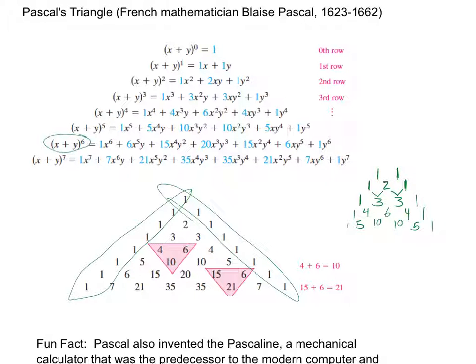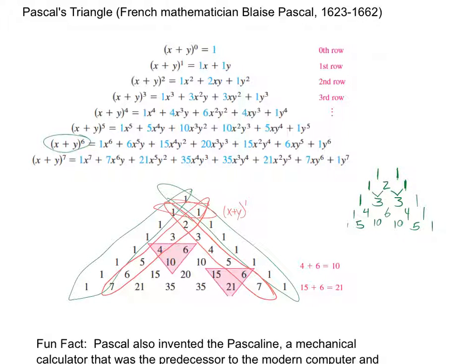Now, what are some other patterns that you see in Pascal's triangle? Notice if I follow down the second term in each of the rows, or if I look at the next to last term in each of the rows, it's the same as the power of my binomial. Notice this is the first row, that's x plus y to the first.